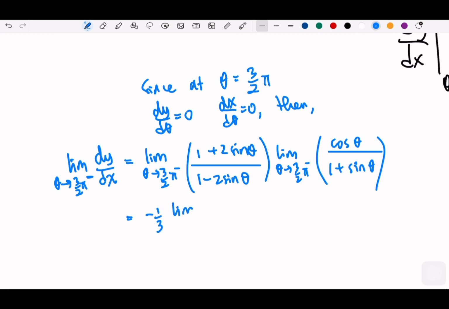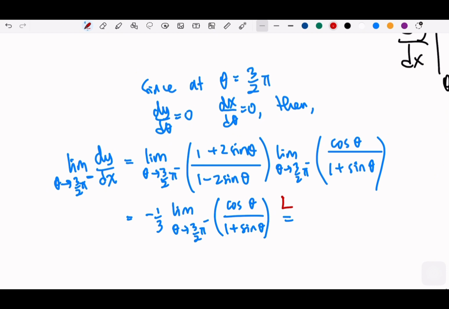And then still in limit, for the cosine theta and 1 plus sine. So what will happen here? It will be 0 over 0 situations, right? So we can do the L'Hopital rule. Okay.